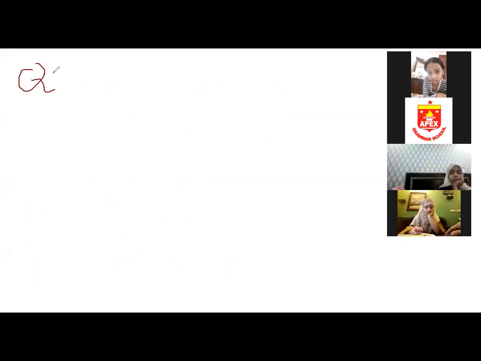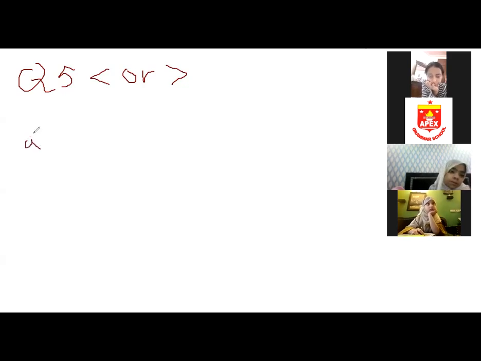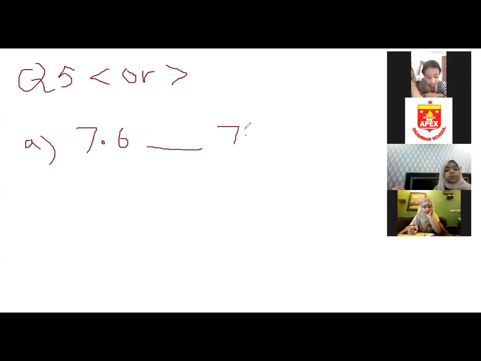So this is question number 5. I have to use these two signs, the crocodile face sign. If you remember, we have done it in the previous class. So how will I do part A? The left hand side is 7.6 and on the other hand side I have 7.3.